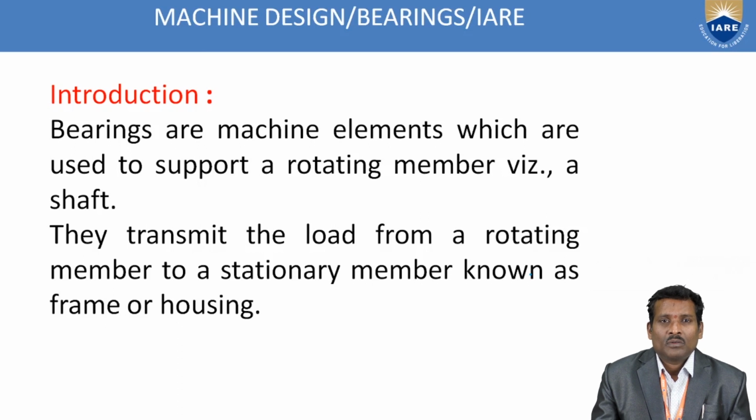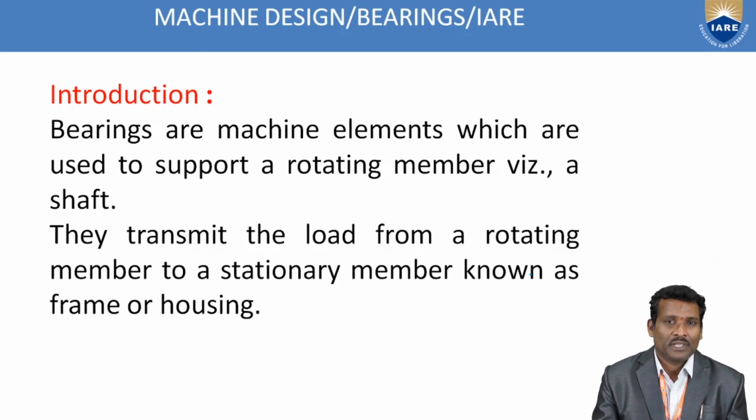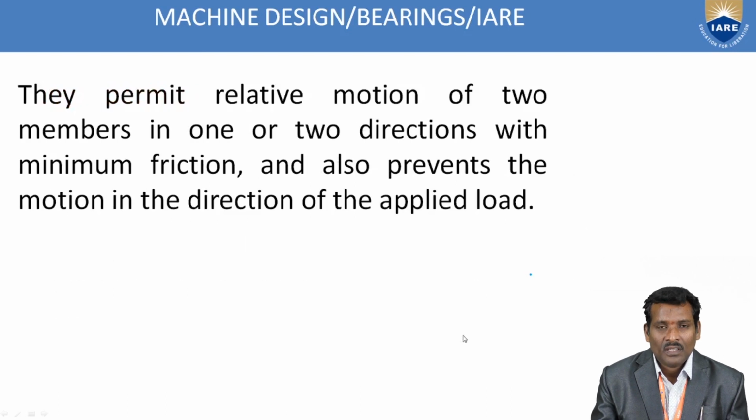Bearings are machine elements which are used to support a rotating member, for example a shaft, as already discussed in a previous slide. At the same time, they transmit the load from a rotating member to a stationary member, that may be a frame or a housing, called a bearing housing or frame.